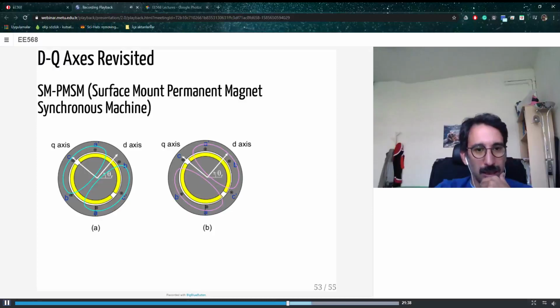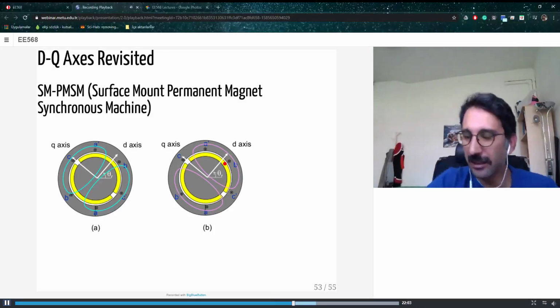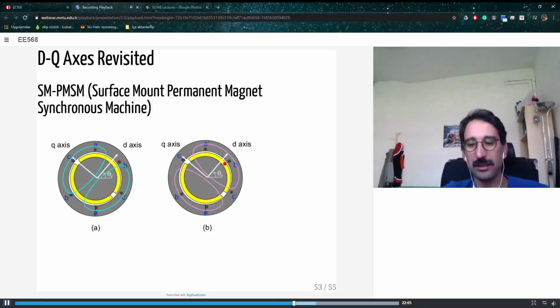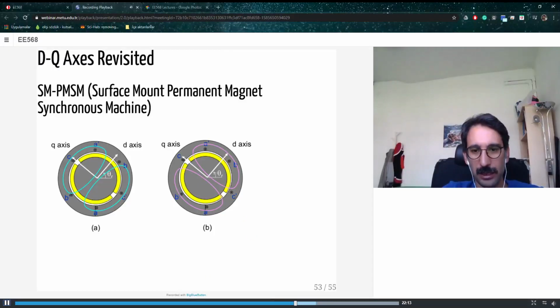Okay, so actually for this machine topology, what was the relative permeability of a permanent magnet? Bir. Yes, bire yakın. You can argue it is slightly less than the reluctance of air, but that part is not that significant, so the permeability of the magnets is really similar to air.